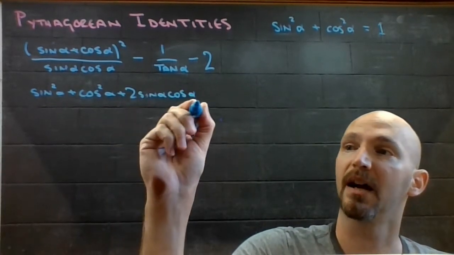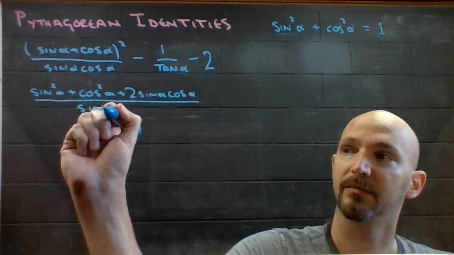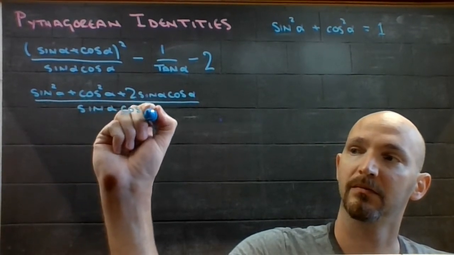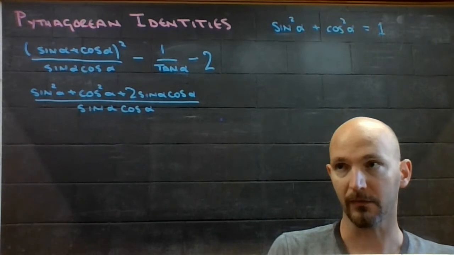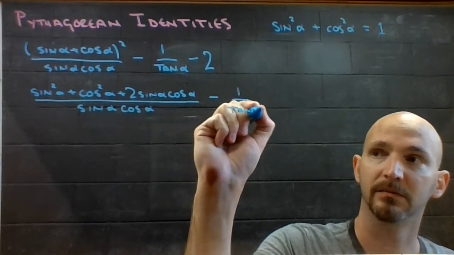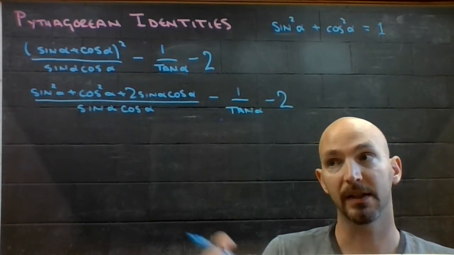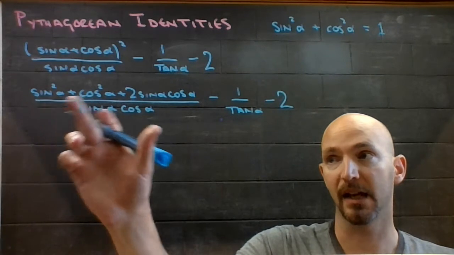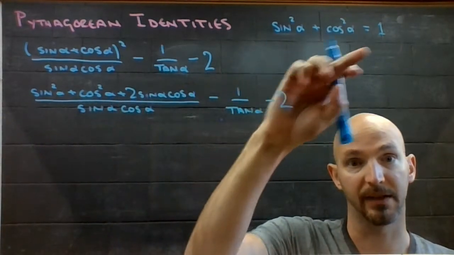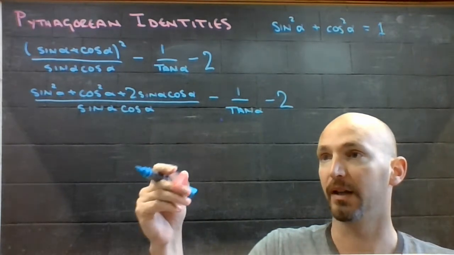And all that stuff is over top of this. And I have minus 1 over tan alpha minus 2. Okay, so I'm going to look and see what I've got here. Sine squared and cos squared added together give me 1. So I can replace this structure with a 1.